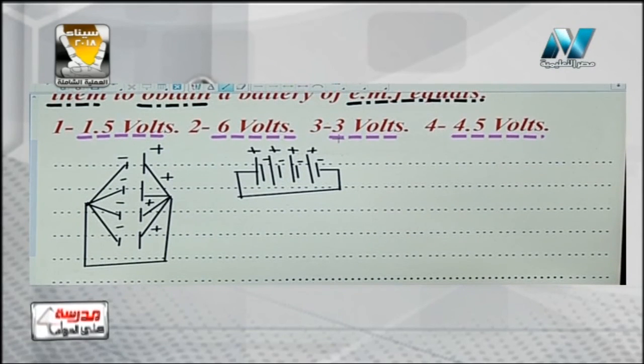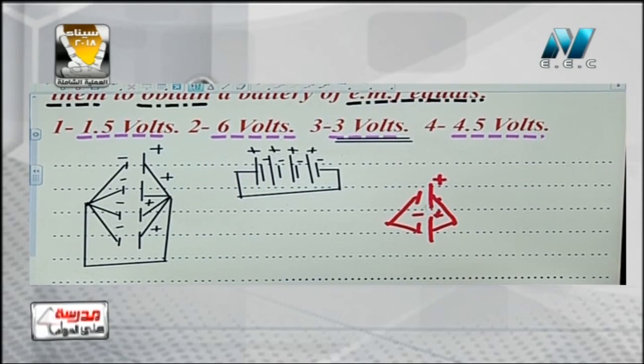To obtain 3 volts, there are 2 possible ways. As we see, it is 3 volts, so 2 in parallel, 1.5 with 1.5, and another 2 in parallel, 1.5 with 1.5.